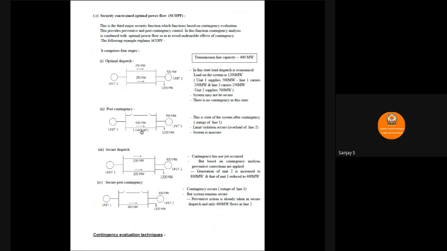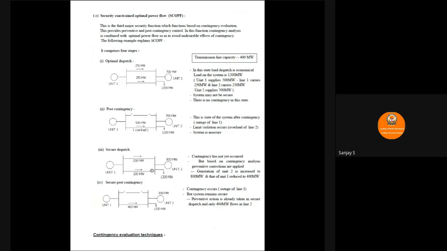Now, since we are running the simulation program, we can plan for this well in advance. And what we can do is, we have now got to know that if line 1 fails, this is the condition that can happen. That is post contingency condition. So in order to avoid that, we go for secure dispatch, where we try to transmit 200 and 200 from line 1 and line 2, such that unit 1 is supplying totally 400, and unit 2 will be enhanced to 800 megawatt.